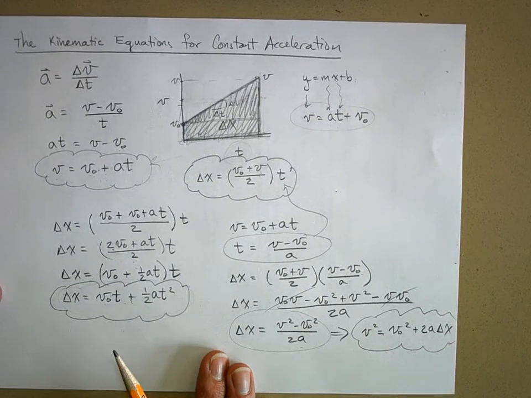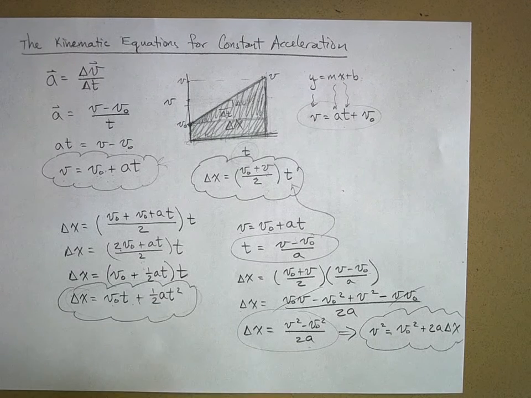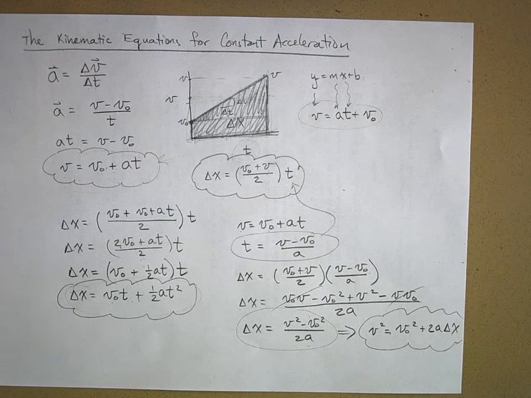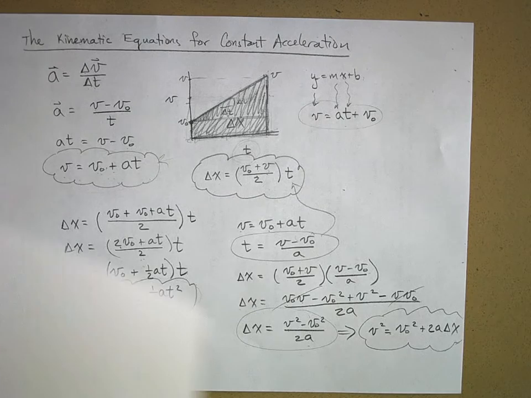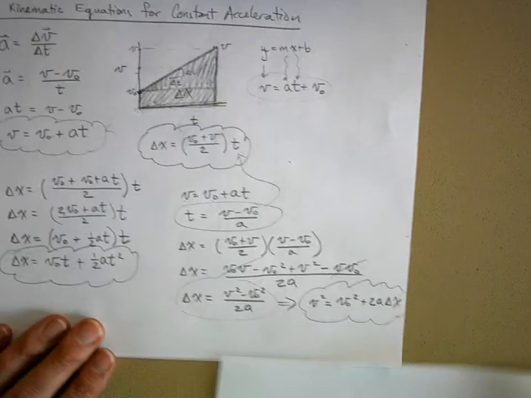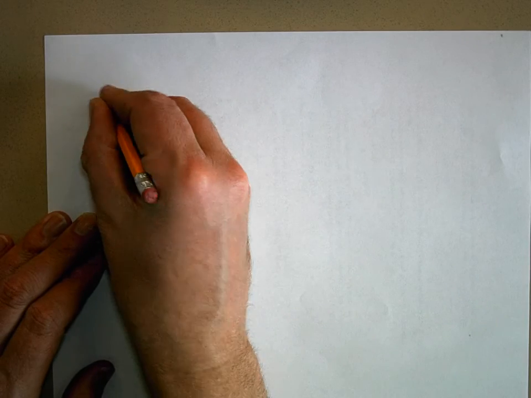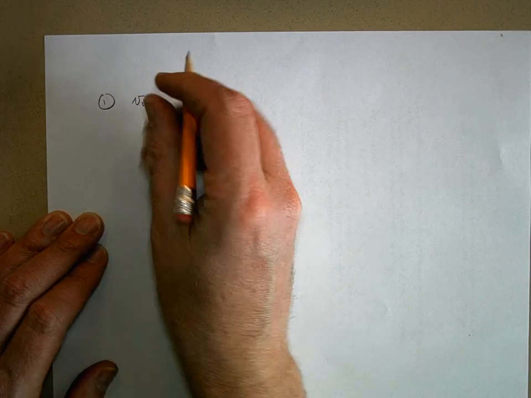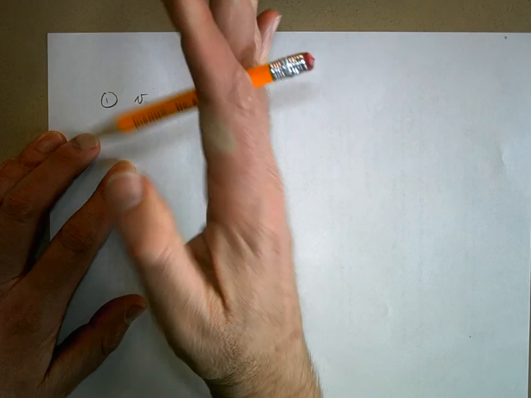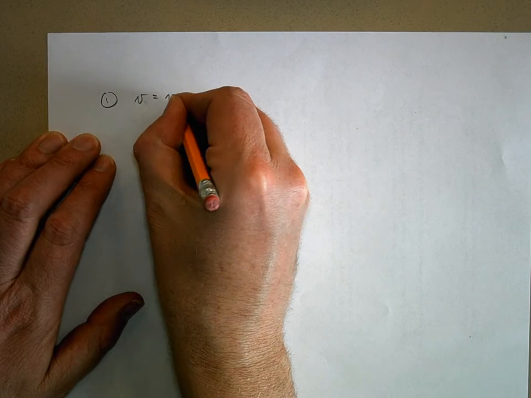All right. Now why did I go through all of this to develop these 4 equations? I'm going to show you something here that's really going to be helpful for solving kinematic problems. I'm going to write the equations down over again. Equation 1: final v equals v naught plus at.